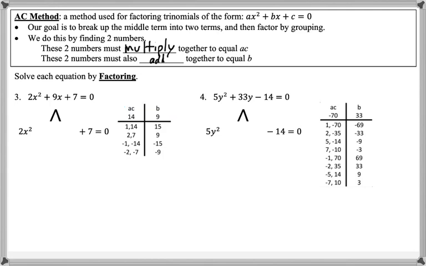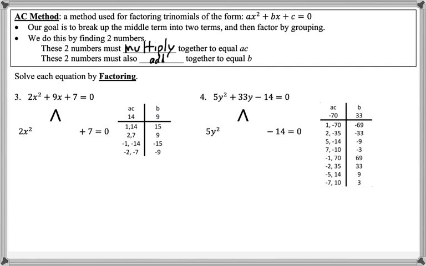So you'll see on number 3 that I've already made the chart. So AC is your A times your C. So I'm getting that from the A and the C. So 2 times 7 is 14, and B is 9. So you're trying to find two numbers that multiply together to give you 14, but add together to give you positive 9.